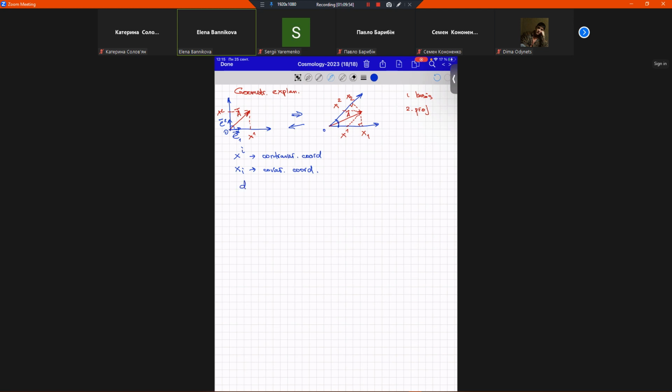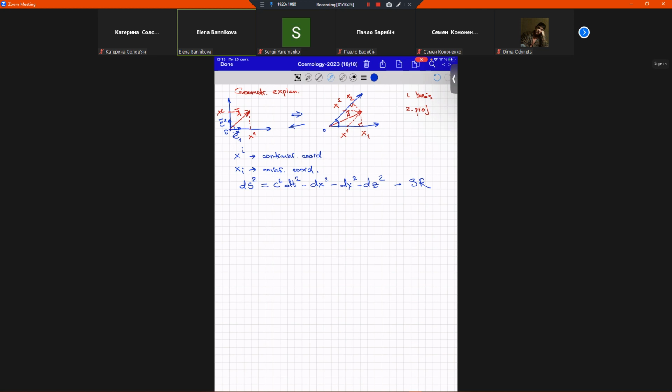I can write, if you remember, ds squared, the element of the interval, equal to c squared dt squared minus dx squared minus dy squared minus dz squared. Okay, this is special relativity, and this is Minkowski space.